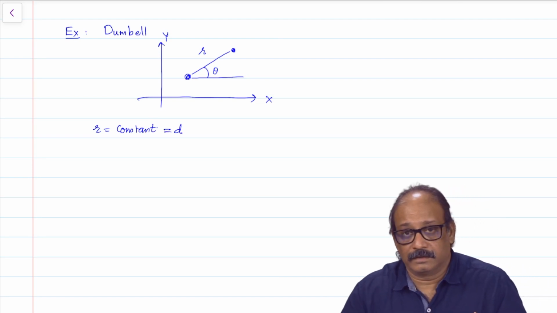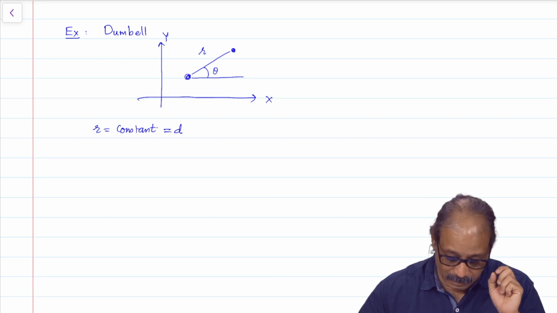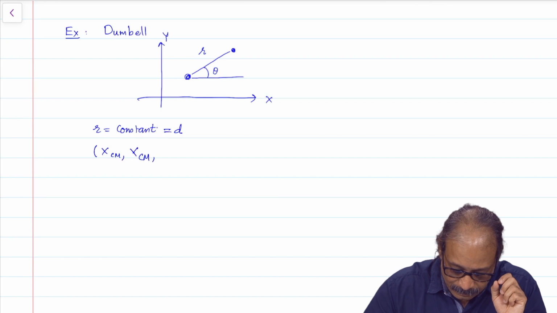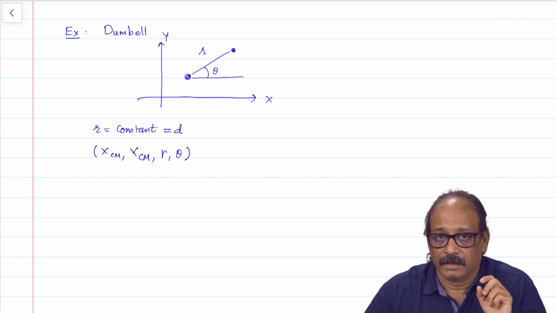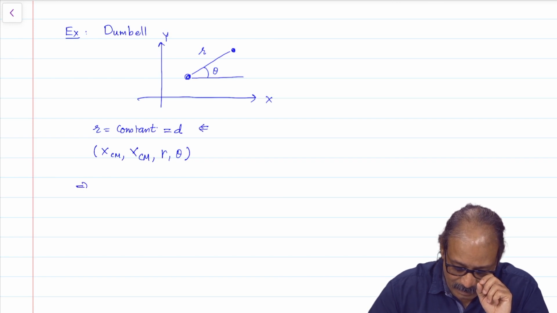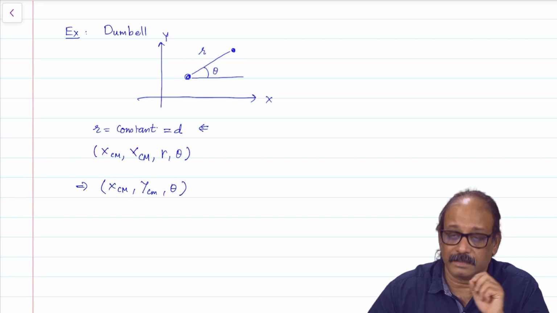And remember the generalized coordinates for unconstrained system. We considered this dumbbell example earlier, and the generalized coordinates which were most common were x center of mass, y center of mass, r and theta. This was for unconstrained system, but now I have one constraint which is r is equal to constant. That means the accessible space here is x_cm, y_cm and theta.